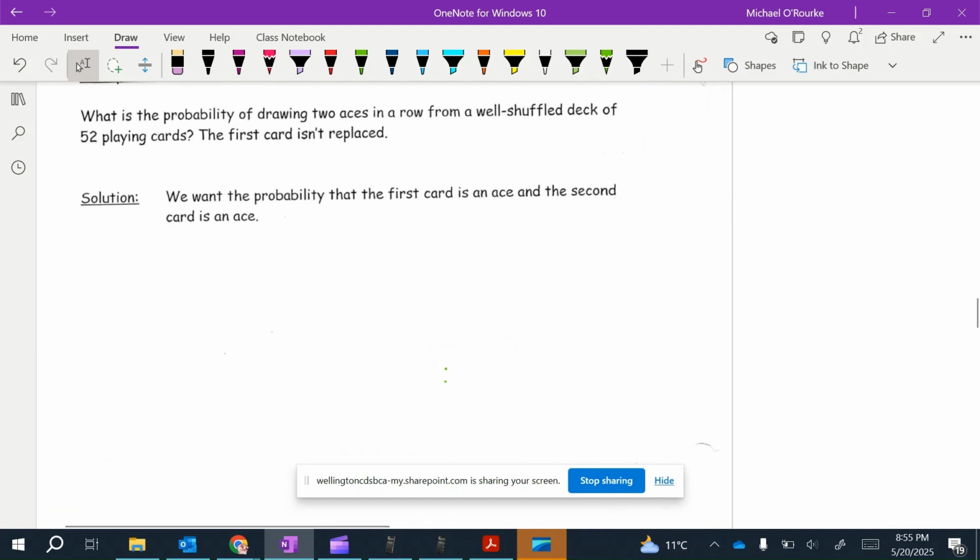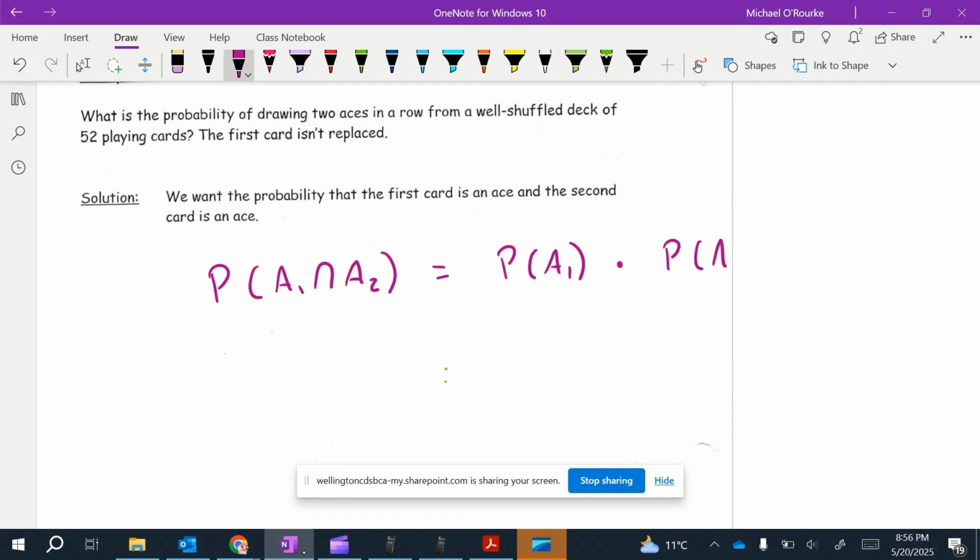So what's the probability of drawing two aces in a well shuffled deck? First card isn't replaced. So we're looking for the probability of drawing ace 1 and ace 2. So that's going to be the probability of ace 1 times the probability of picking ace 2 given we picked ace 1 the first time.